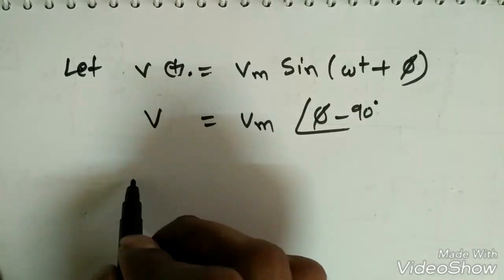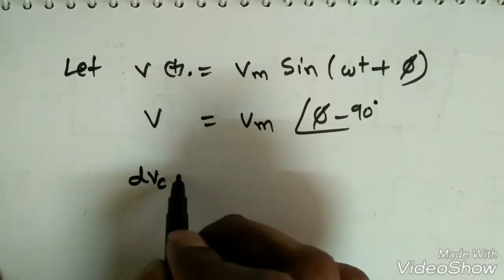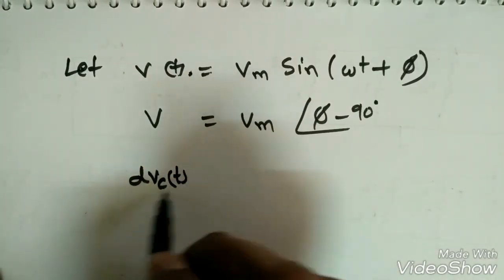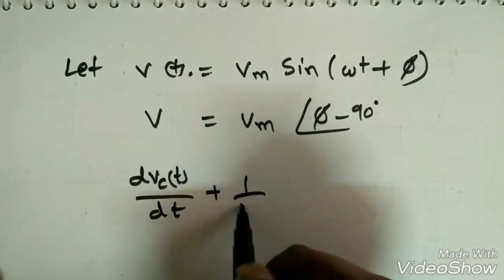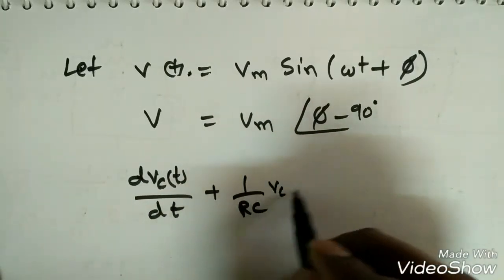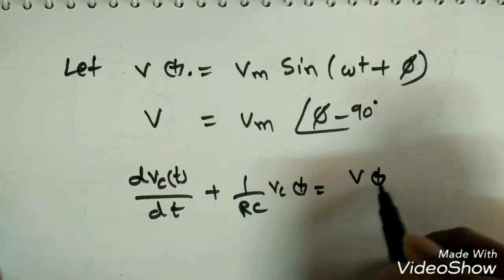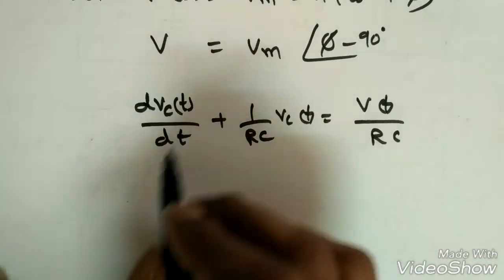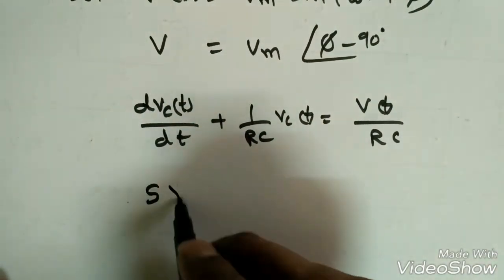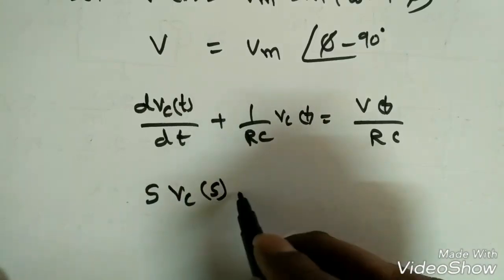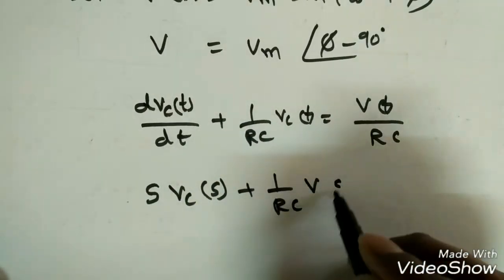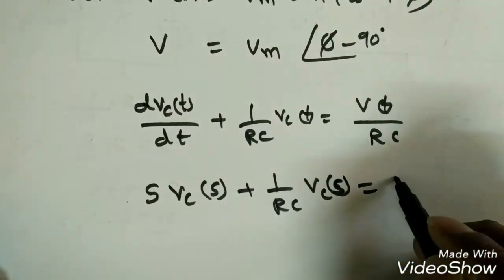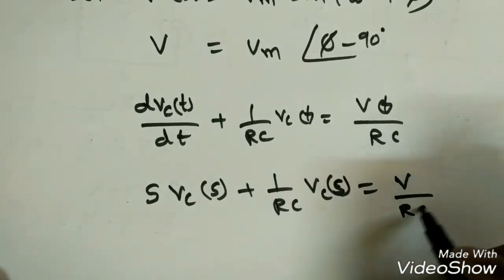So what is the equation? dVc of t by dt plus 1 by RC into VC of t is equal to V of t by RC. Now if I take the differentiation, that is S into VC of S plus 1 by RC into VC of S is equal to V by RC.